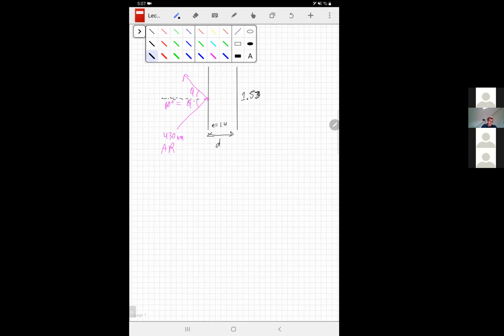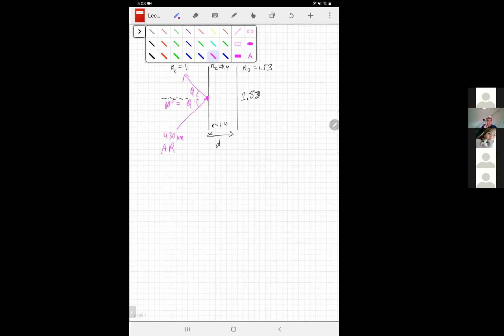So let's think about this. 1 is 1, and 2 is 1.4, and 3 is 1.53. Do we get a half cycle reflection phase shift there? This interface? Yes. Okay. Then some of the wave goes into the medium. What happens to the wave?